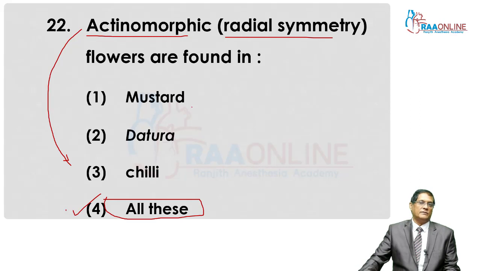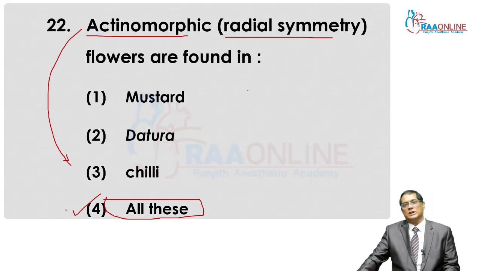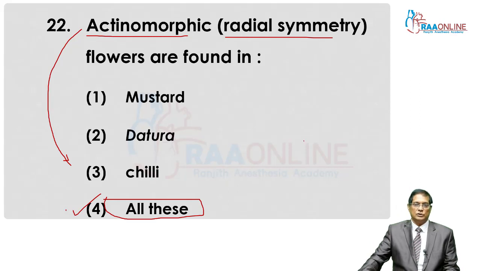That is, if a flower is cut into two equal parts from any vertical plane, that is actinomorphic. In the floral formula, the sign of actinomorphy is this one. And the percentage sign denotes zygomorphy.